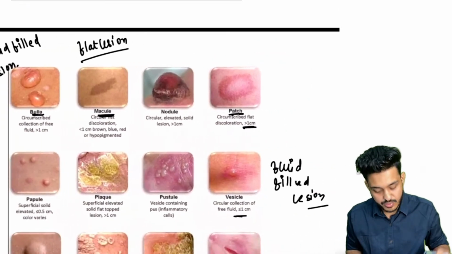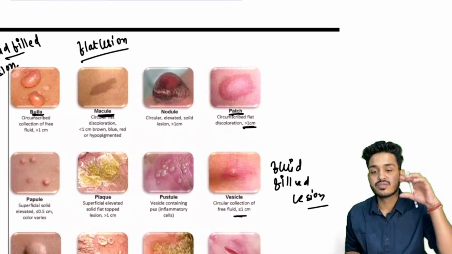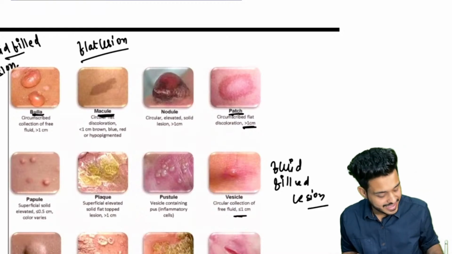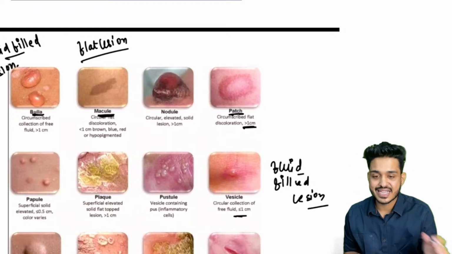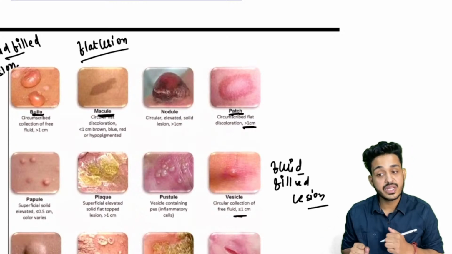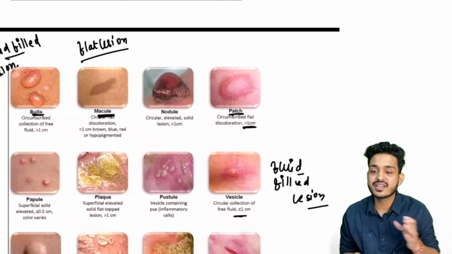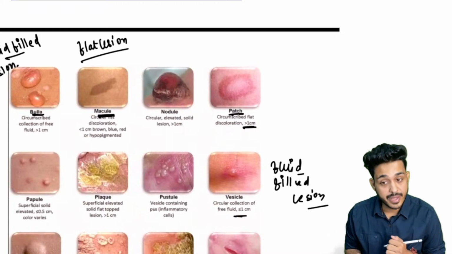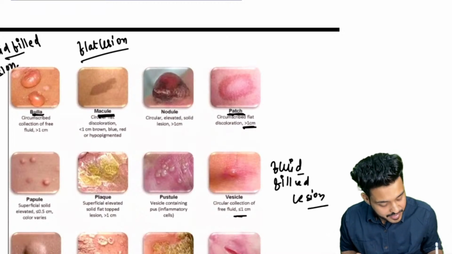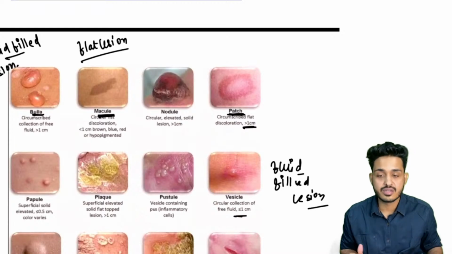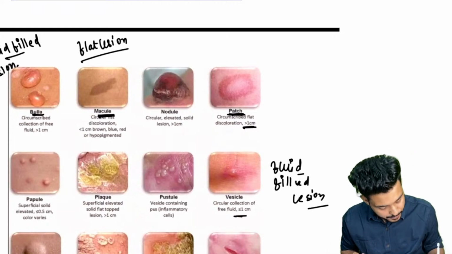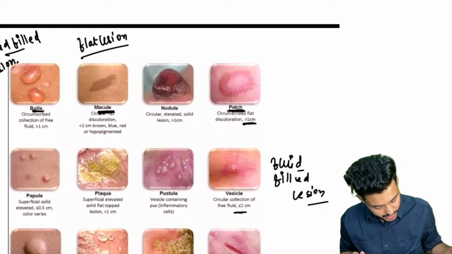We call it patch. So we have seen two things. First, a fluid filled lesion less than 1 centimeter is a vesicle, more than 1 centimeter is a bulla. Second, flat lesions less than 1 centimeter are macule, and more than 1 centimeter would be your patch.